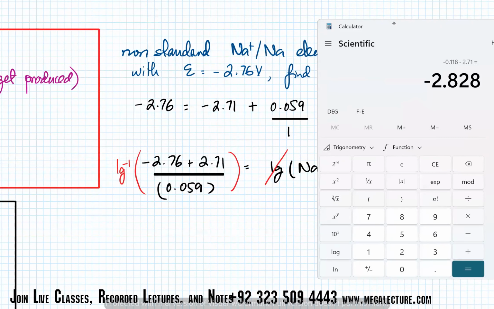Just remember कि ये log है, तो उसका जो log inverse होता है, that's 10 power x. So basically it's 10 to the power all of this. So I'm first going to try and calculate all of this. What is all of this? That's minus 2.76 plus 2.71, फिर इसको divide by 0.059.